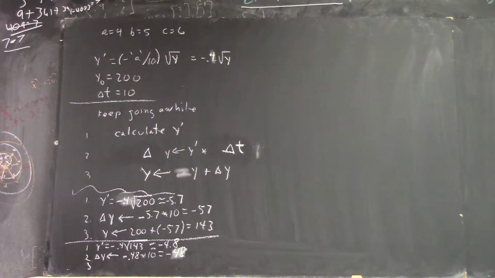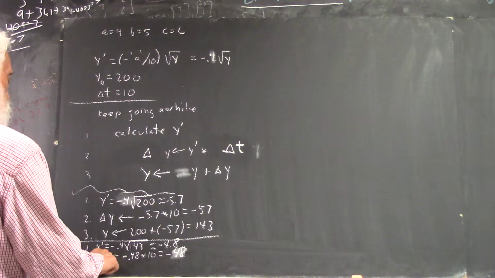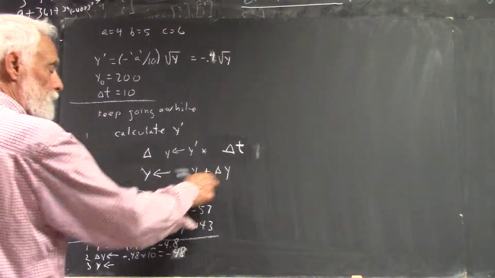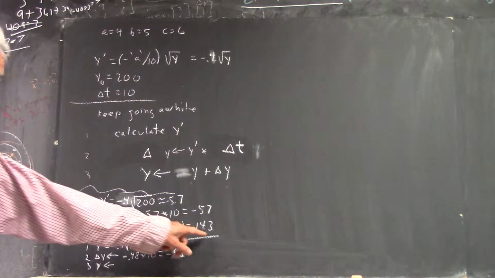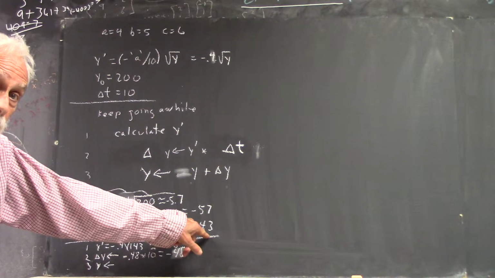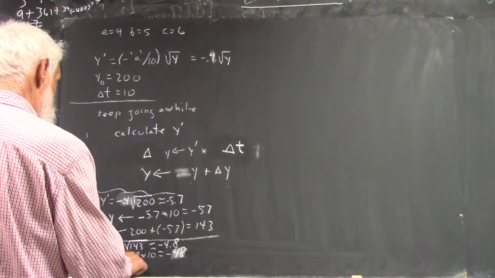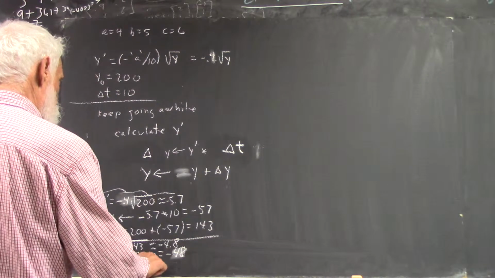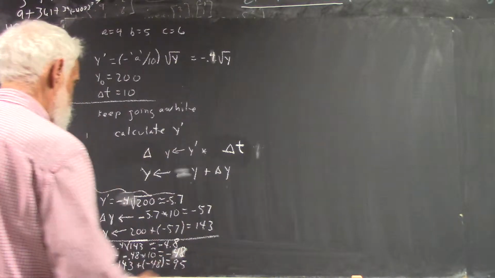Thinking ahead to the next step. And then y is replaced by y plus delta y. What's y? Well, last time we put something in the y register, it was 143, right? So y is still 143 plus negative 48, which equals 95.